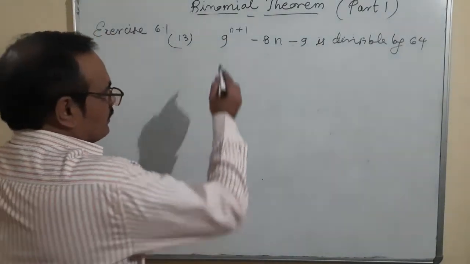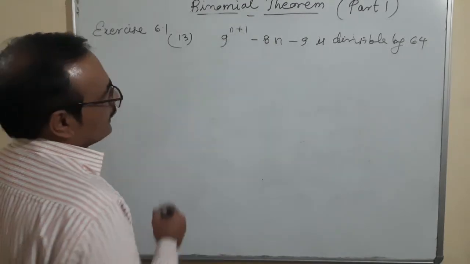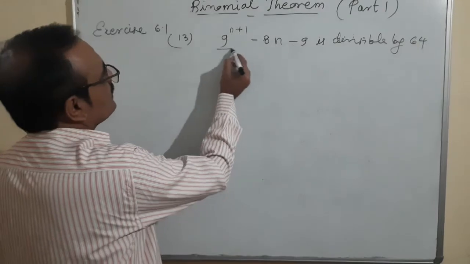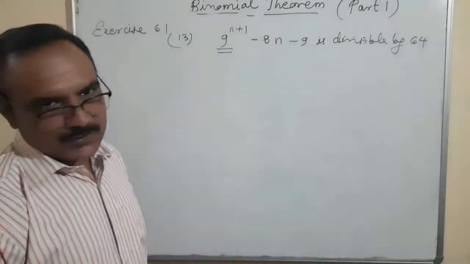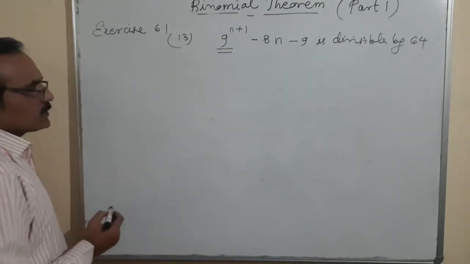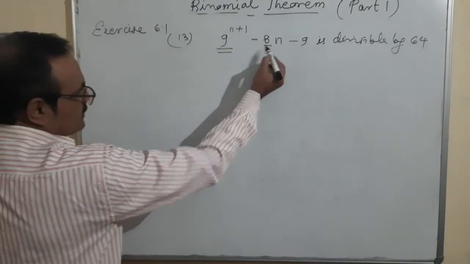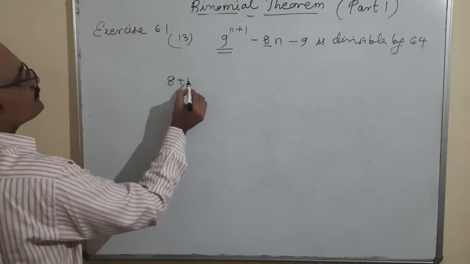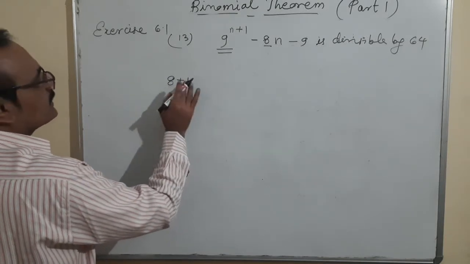So 9^(n+1) − 8n − 9. This is a term which we don't have any idea about. What is it? 9^(n+1), I can write this term in the form of 8. So I write 8 plus 1, or 1 plus 8.